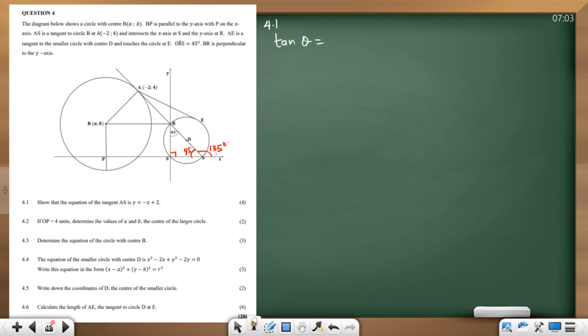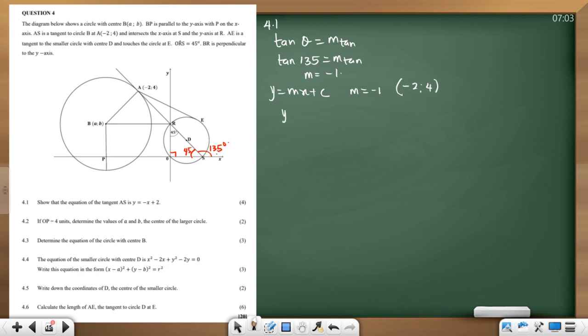tan theta equals m. So tan 135. Okay, what is m therefore? What is tan 135? That's -1. That's the gradient of the tangent, m tan. All right, so y equals mx plus c, with my gradient being -1 and my point being -2 and 4.